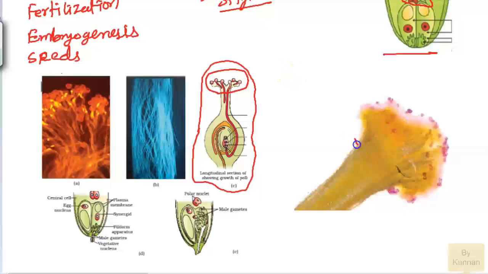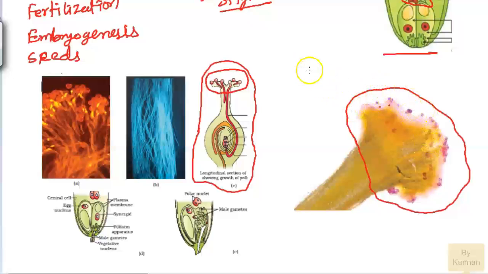In reality, here you can see some microscopic structures. Over the stigma, more pollen grains are dusted, and some pollen grains have germinated. You can see some dark yellow patches, fiber-like projections from the pollen grains. The pinkish structures are the pollen grains.